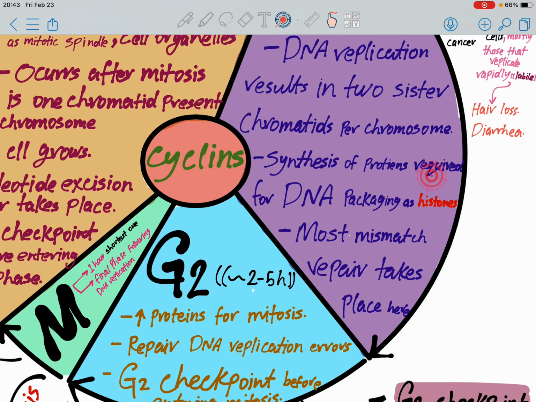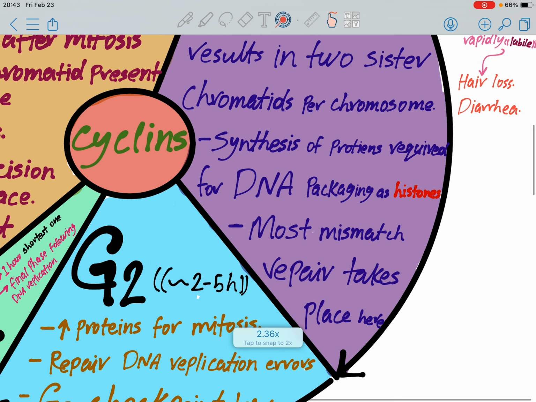Synthesis of proteins required for DNA packaging as histones. Histones are very specialized, important proteins needed for coiling and packaging the DNA during chromatin condensation. Most mismatch repair takes place here.